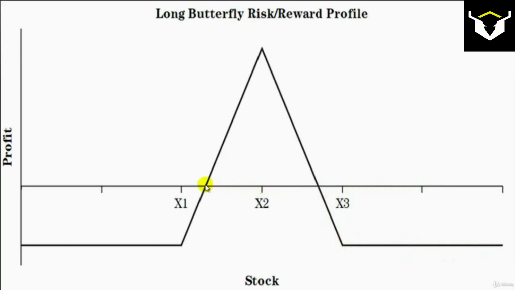Similarly, if prices were to fall from this point, you'll start generating loss till the strike price you have bought. Beyond that point, your losses will max out and you won't make any more loss. So a butterfly spread is basically a spread to take advantage of decaying theta, and it will generate profit over a period of time.